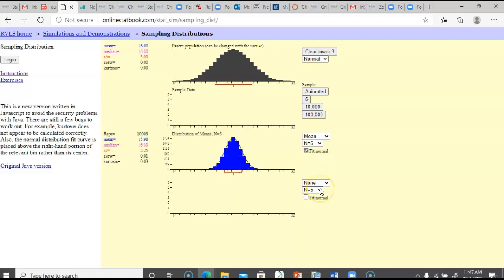If I wanted to compare this and look at the mean, this time let's look at a little bit larger sample here. Okay, when I'm choosing a sample of size 5, I can see that I still have this normal distribution. And if I choose a sample of size 25, I also have a normal distribution.